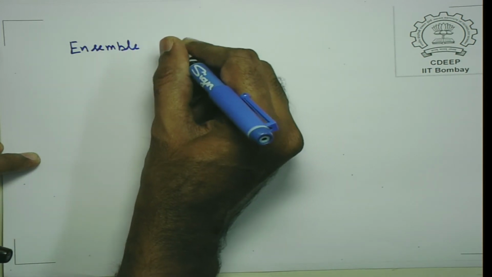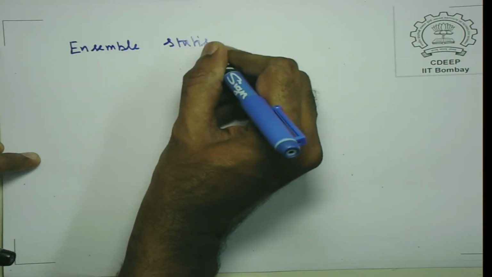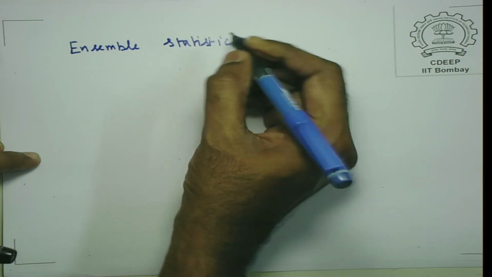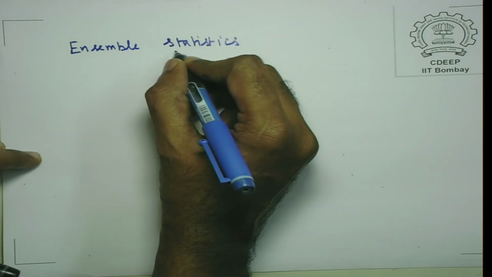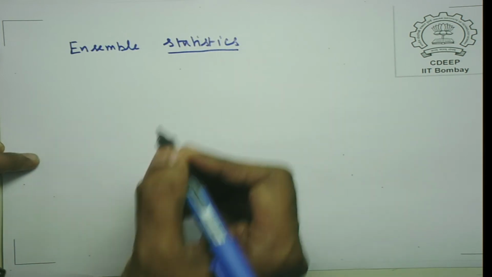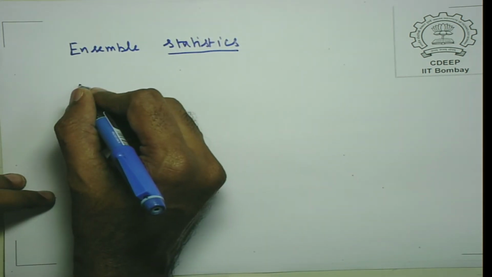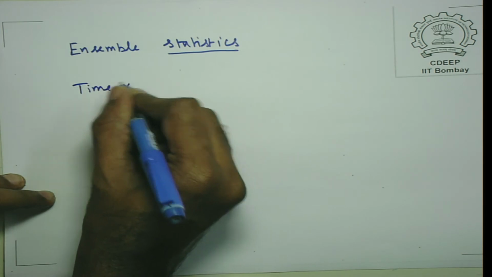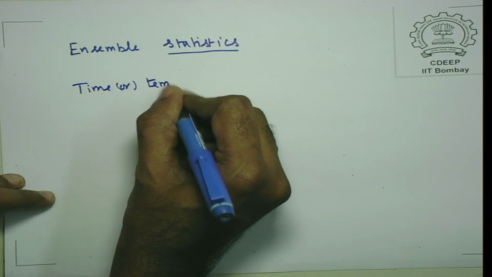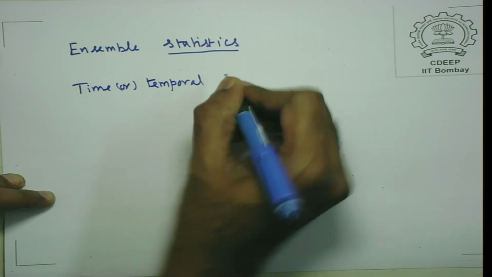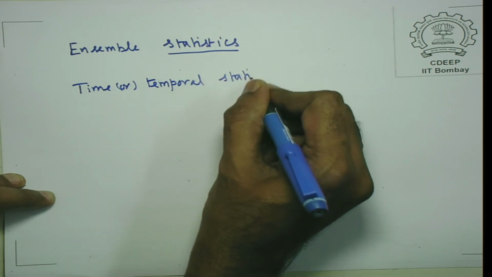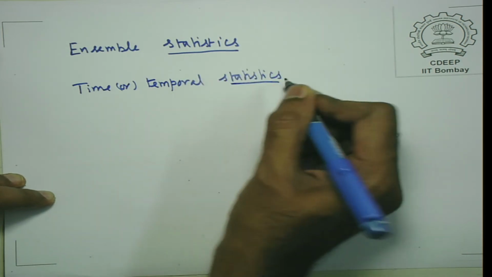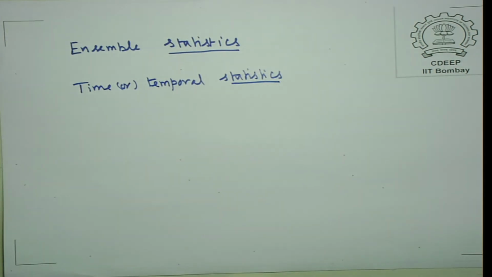I am using the word ensemble slightly loosely, but let us say it's ensemble statistics versus time. Again, this is probably not the exact way it is referred to in literature, but I wanted to talk about one specific notion which will be useful later, right.